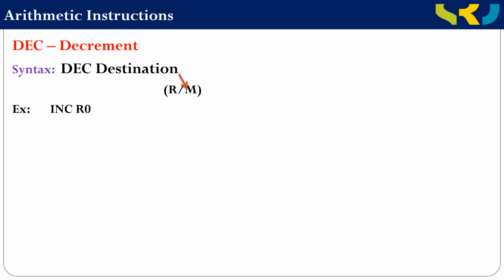So let us consider one example, DEC R0. Let us take one simple example: R0 is having 11H before execution.